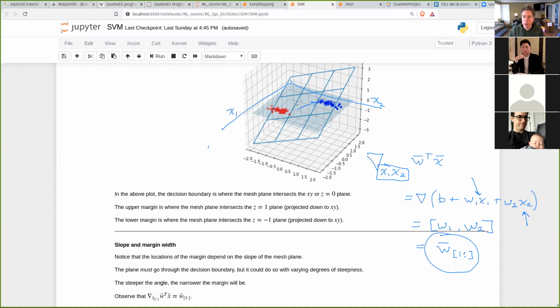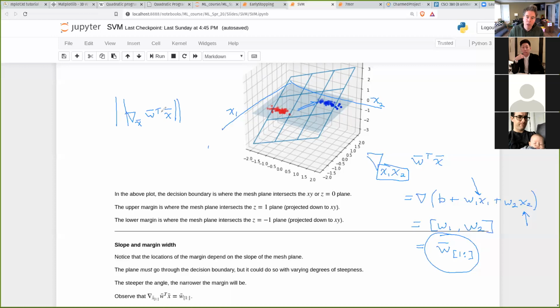And what's more, the magnitude of the gradient, the magnitude of W transpose x here, is the steepness of the plane.